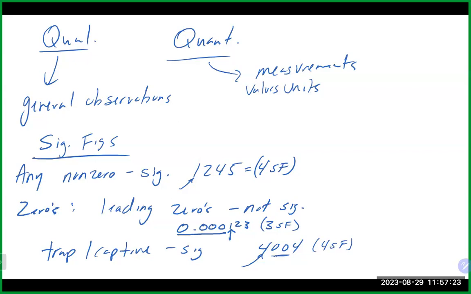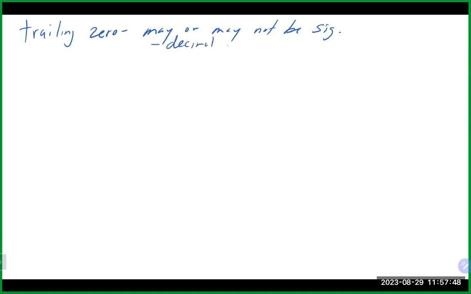The last type of zero that really gives people a lot of trouble is the zero that comes at the end. That is sometimes referred to as trailing zeros, and they may or may not be significant. What determines whether or not they're significant is a decimal point.